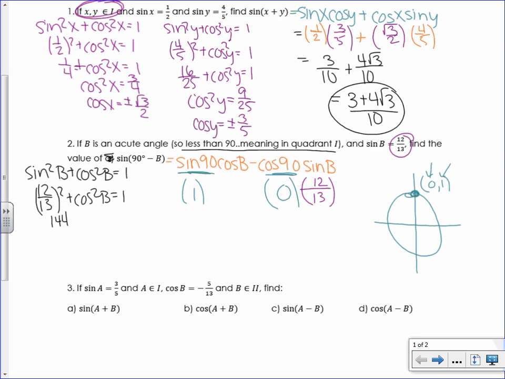This gives me 144/169 plus cosine squared equals 1. Let's see. 1 minus 144 divided by 169. Whoops. That is going to give me 25 over 169. Sorry, I had to get my calculator.